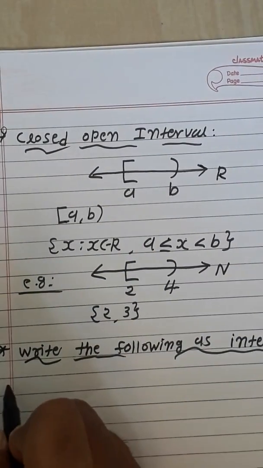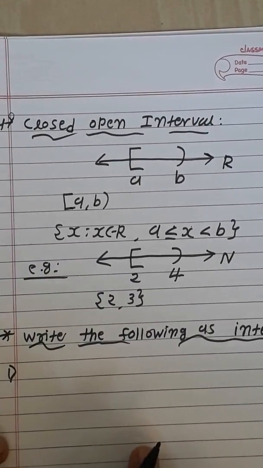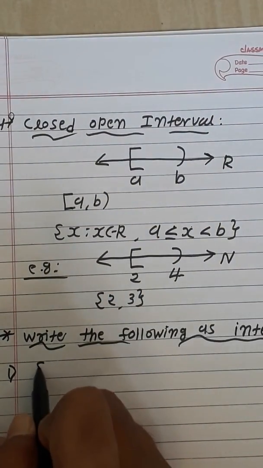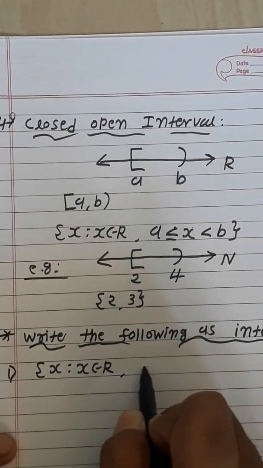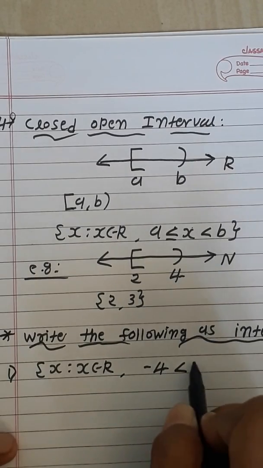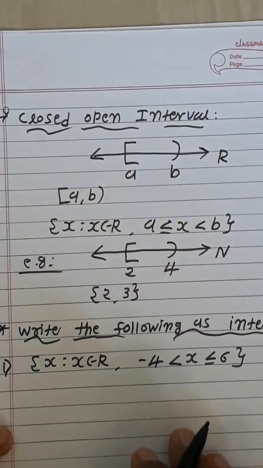In our question, set-builder form is present and we just mention it in interval form. So {x : x belongs to R, minus 4 < x ≤ 6}.